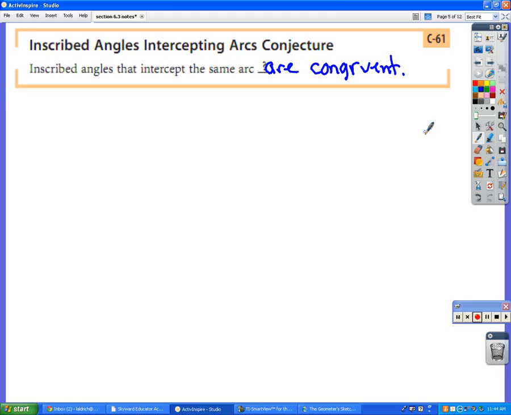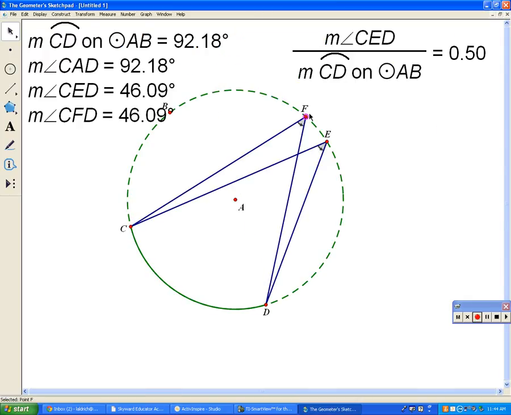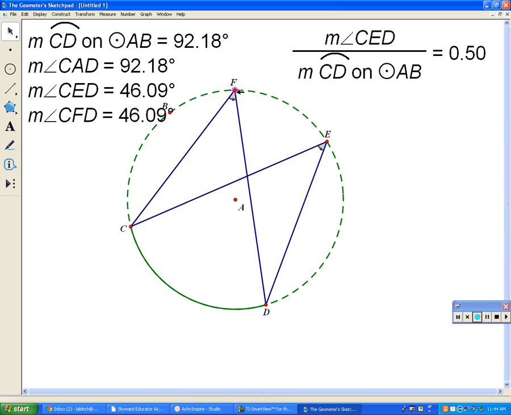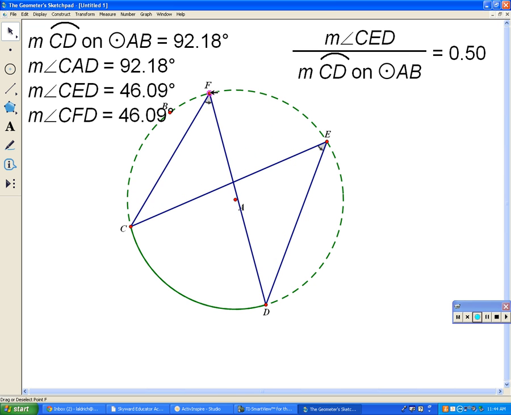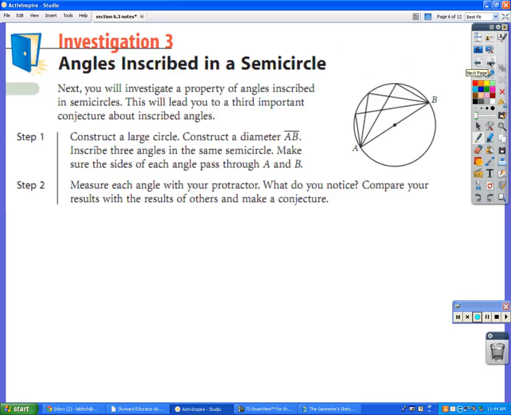That can be a little bit deceptive, because it might feel like as I move that point around the circle it is changing the measure of this angle. But you can see from the measurements staying the same that it is not. So inscribed angles that intercept the same arc are congruent. I think we have 5 today, so that's fun.